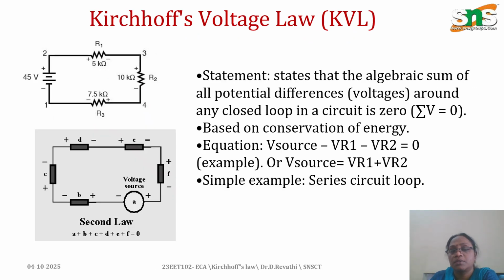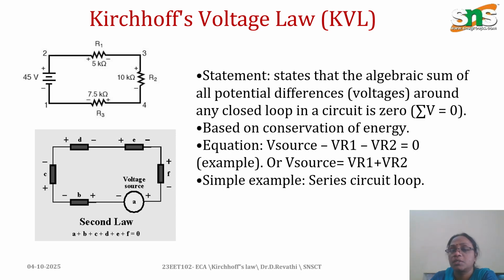KVL states that the algebraic sum of all potential differences around a closed loop is equal to 0. Sum of V is equal to 0. Or we can say source voltage minus VR1 minus VR2 is equal to 0, or source voltage is equal to VR1 plus VR2.